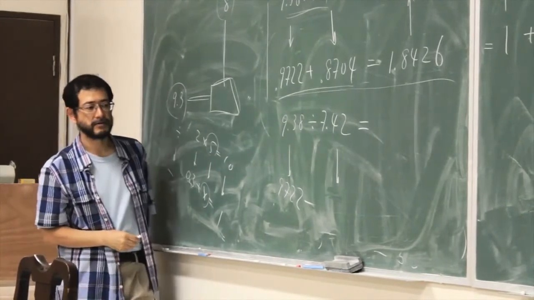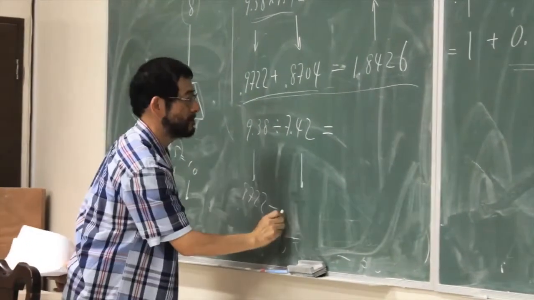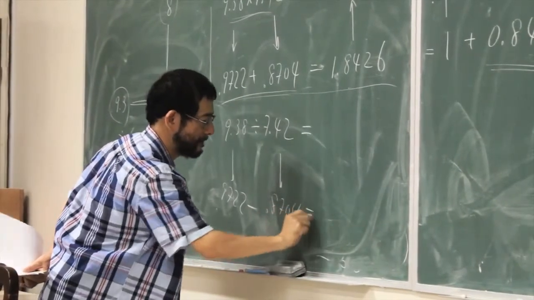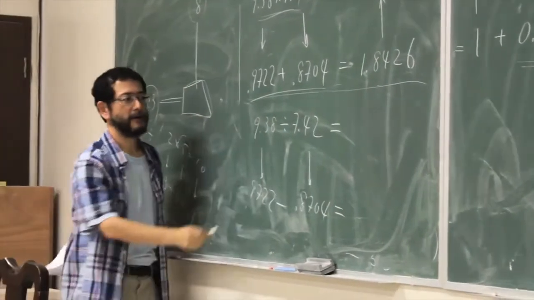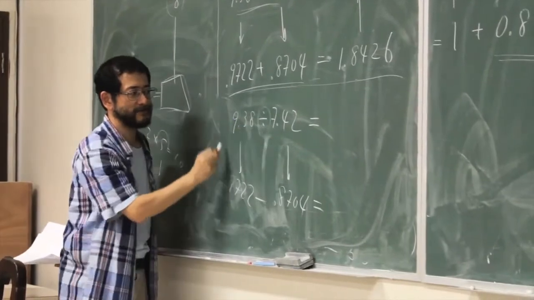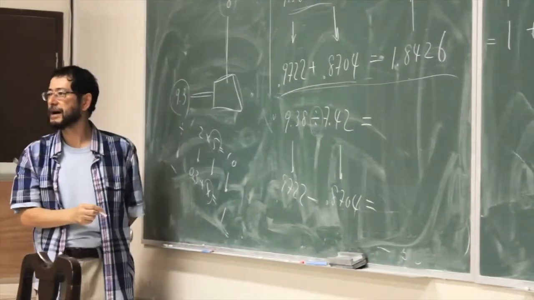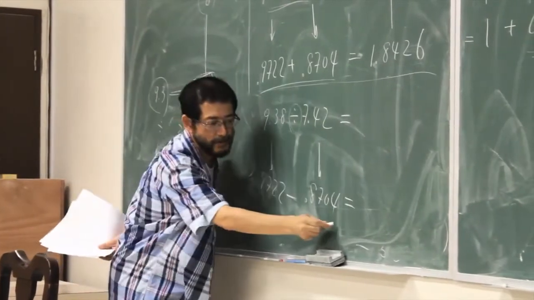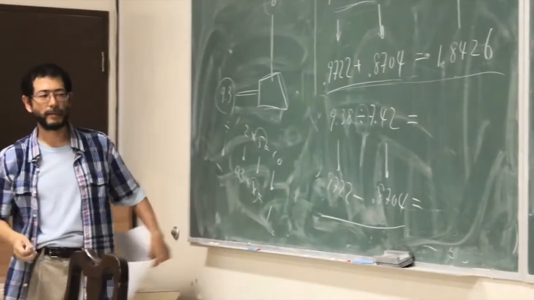Okay? So that's why, to do this now, I think you don't want to do this by hand, right? The division is much harder, okay? But this is not bad at all. You can just do it by hand very easily.